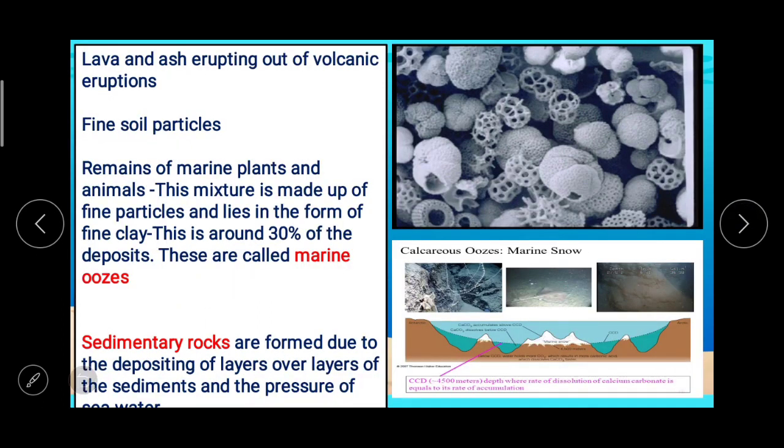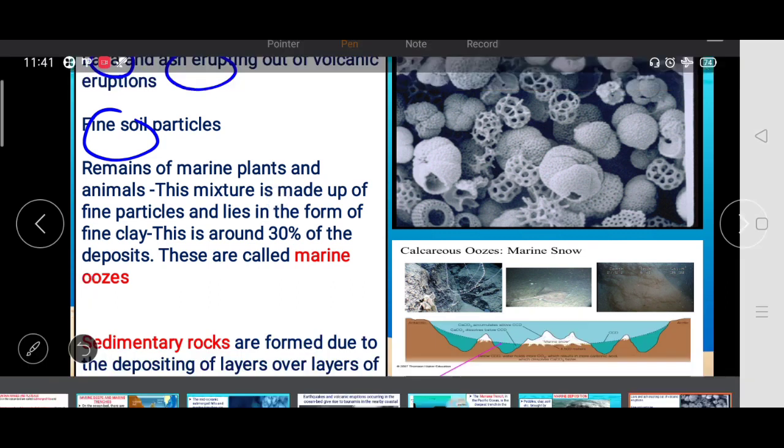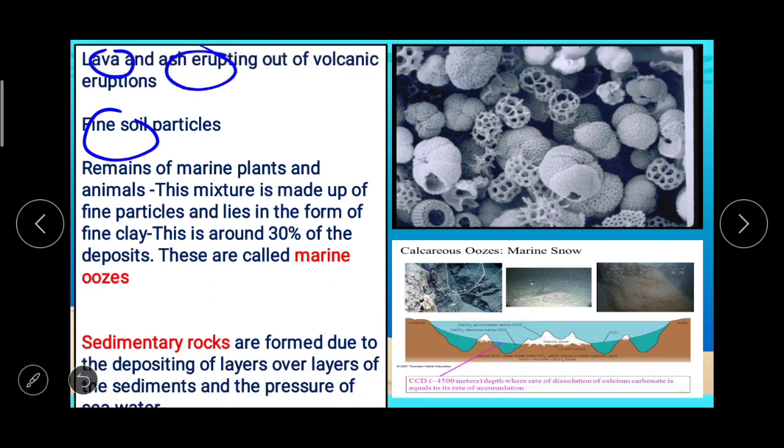Lava and ash erupting out of volcanic eruptions is also found here. Fine soil particles, remains of marine plants and animals are mixed in these deposits, and this mixture is made up of fine particles and lies in the form of fine clay.